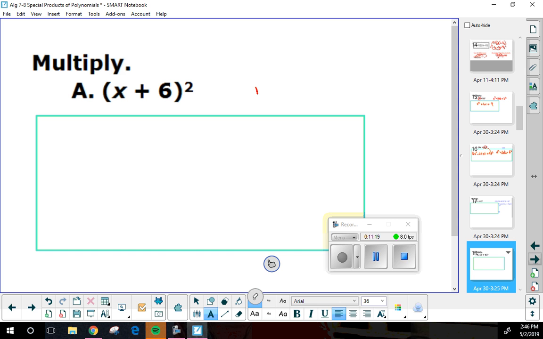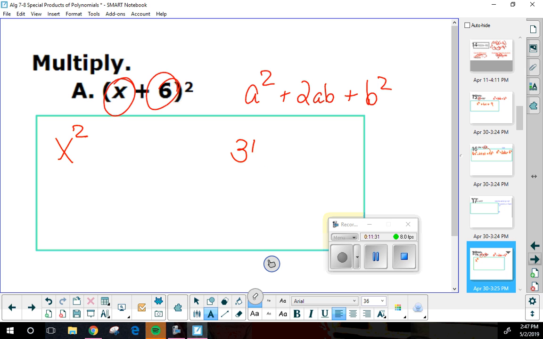So this one means a squared plus 2ab plus b squared. This first term squared is x squared. This squared is 36. 6 times x is 6x, times 2 is 12x. Boom. Of course you did. I'm your math teacher.